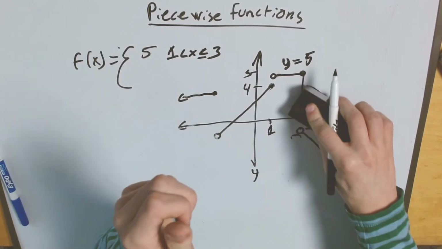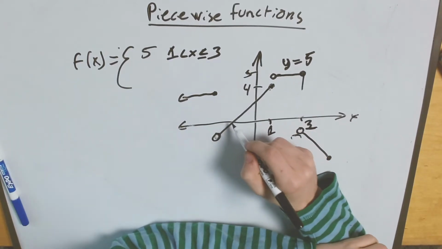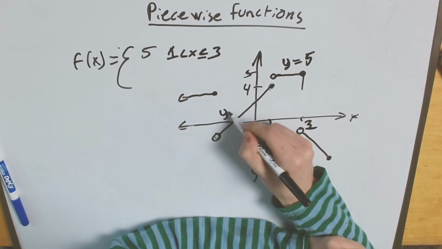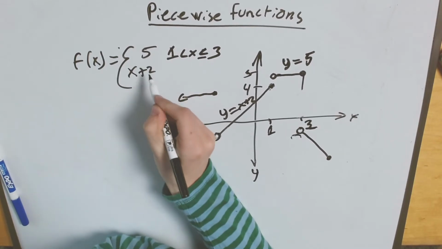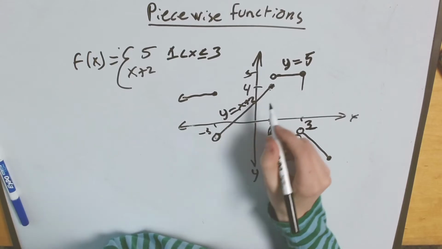Let's say we want to graph this segment, and let's say we figure out that it has a slope of 1 and a y-intercept of 2, right? So something like x plus 2. We'd say x plus 2 for its range. And here, let's say that's -3, and here, let's say that's 1.